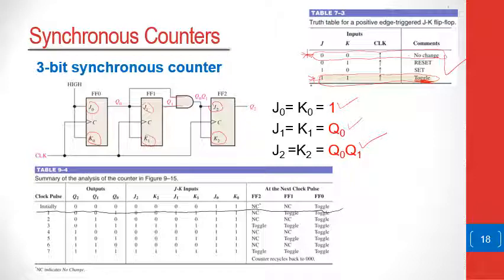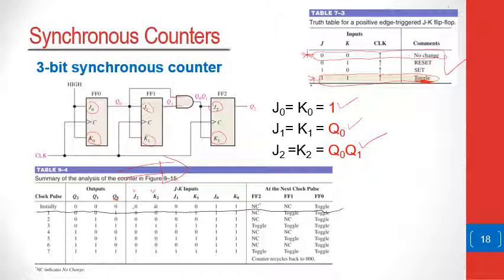So on the first row, analyzing it from left to right, if we look at J2 and K2, J2 and K2 are equal, and they are the AND between Q0 and Q1. Q0 and Q1 are 0 and 0, which means these are going to be zeros as well.